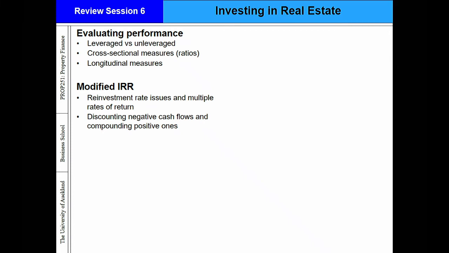Again, you are making assumptions about the market and your other ways of putting your money, because once you've received that cash flow from your property, what are you going to do with it? You're probably going to invest it somewhere else. Can you find another place for this cash flow that will give you a 20% return?